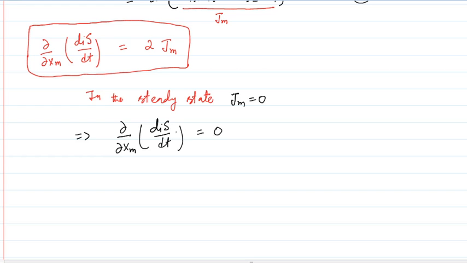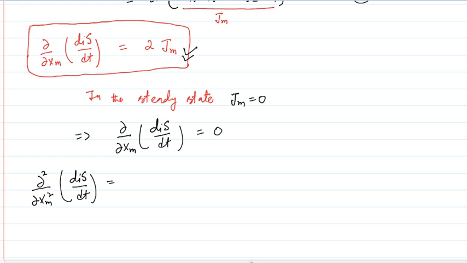So to find out whether it is a minimum or a maximum or inflection point, we will do the second derivative also. So we will write dou square upon dou xm square of the entropy production per unit time. We are taking simply the second derivative. So we will take the second derivative of this equation.